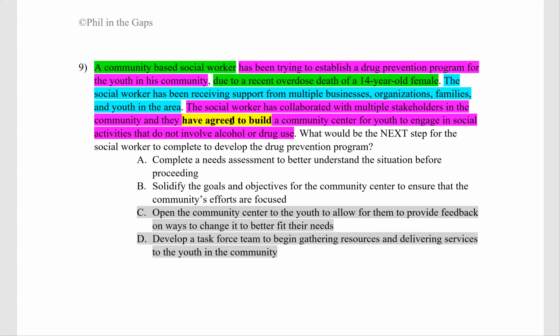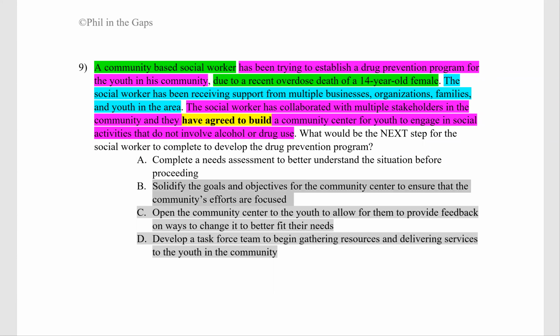They've agreed to build the community center, but no one's saying how much they're going to contribute or who's going to do what. We don't even know if we have a building, how much money we have, or anything. People are simply saying, yeah, that's a really good idea. So now we need to assess and address particularly what we want to do. We have the support and rapport established, and the next step after that is to assess particularly what we need.